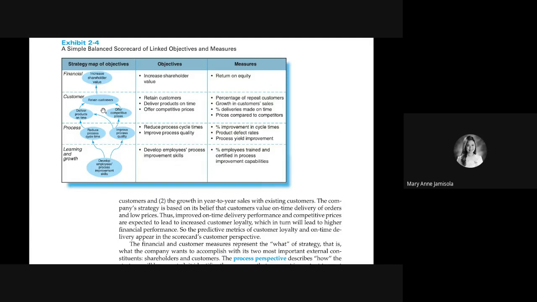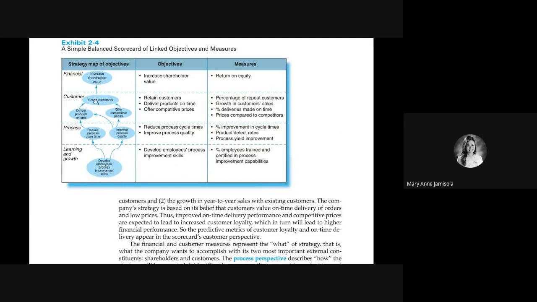Okay? And then, for example, to retain customers. So in order for us to retain customers, how do we change our internal processes? And then in order to achieve this change in our internal processes, what do we need to change with respect to our employees?